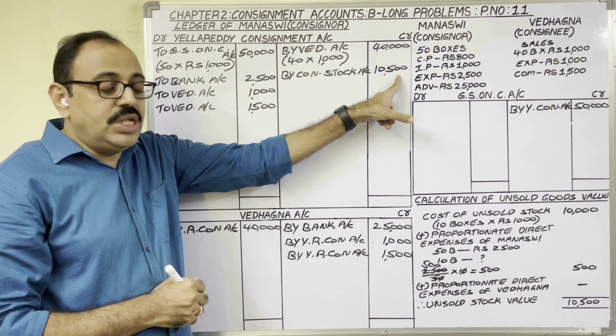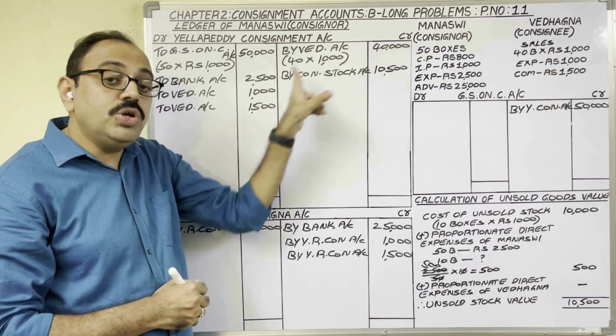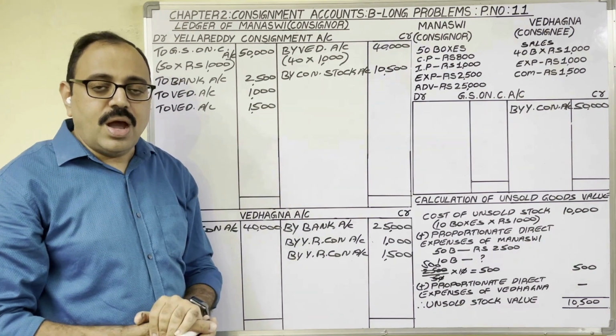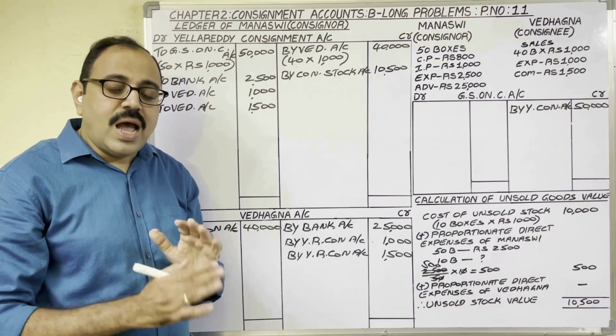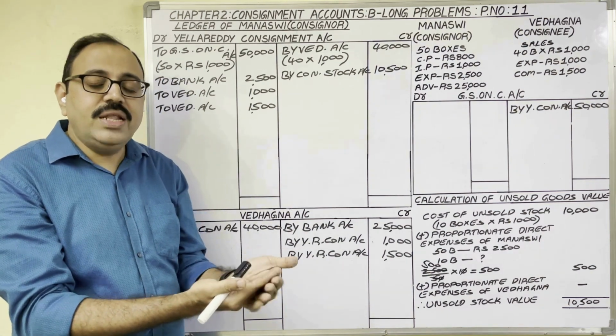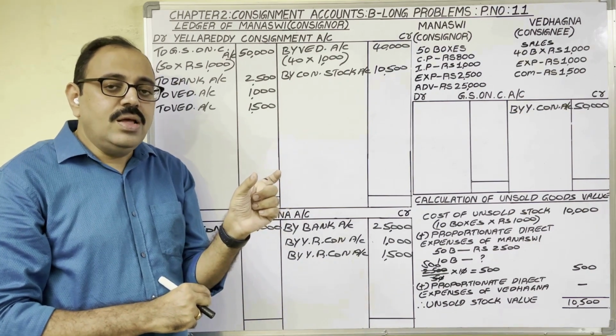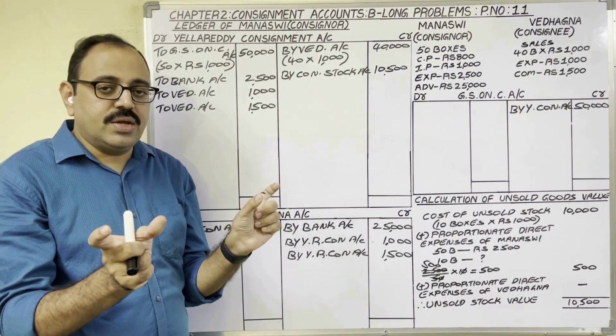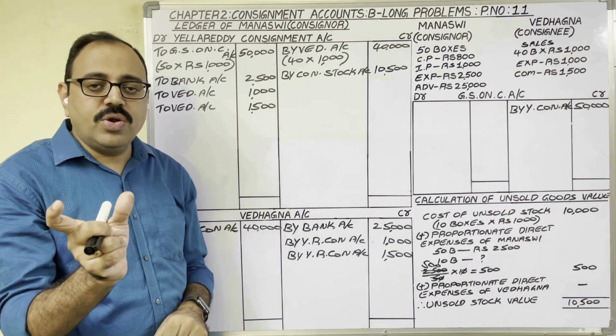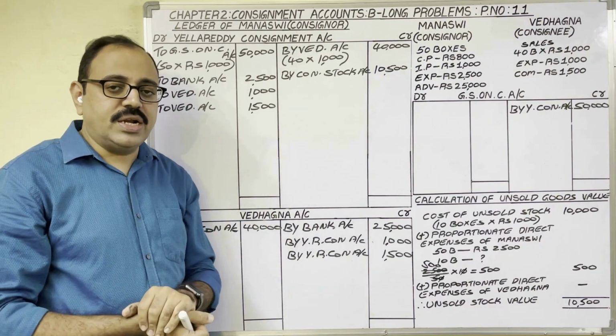This 2,000 loading amount also we should cancel. How to cancel in accounts? If you write on the other side, the amount will be cancelled. If you want to cancel a debit amount, write that amount on the credit side. If you want to cancel a credit amount, write it on the debit side.